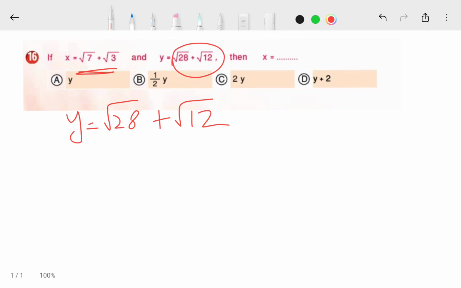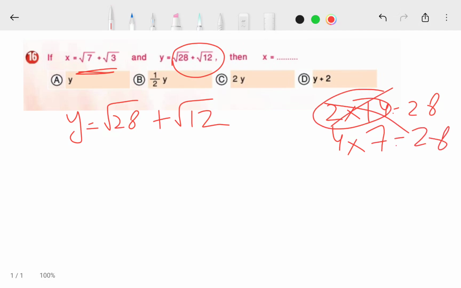I'm writing down the factors of 28. I can get 28 by 2 times 14 and 4 times 7. I will simply ignore the first one because 2 and 14, none of them is a perfect square, but in 4 times 7, 4 is a perfect square.